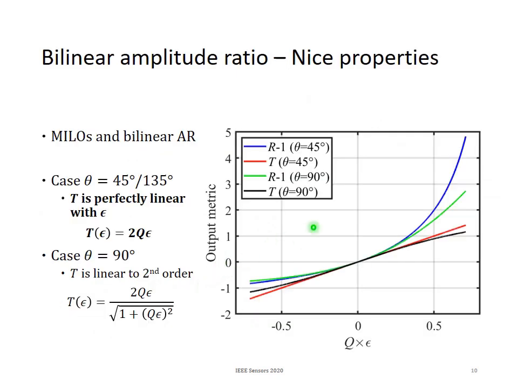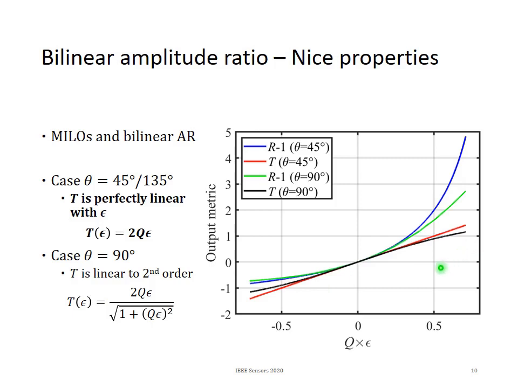We have represented on the right here the conventional amplitude ratio, that's the blue and green curves, and the bilinear amplitude ratio, the red and black curves, for two MILO architectures, each characterized by system parameter theta. So we can see that the slopes at origin of all these curves are equal, which shows that the nominal sensitivities of all these output metrics are equal. And the fact that the bilinear amplitude ratio is more linear than the conventional amplitude ratio is also clearly visible.